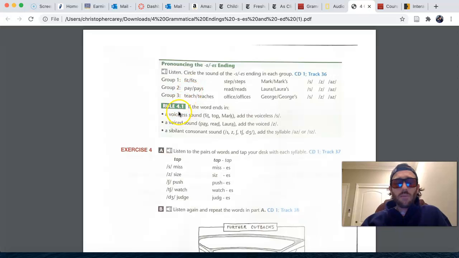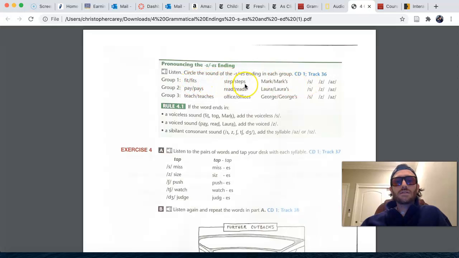Let's say that one more time. And anytime we come across these rules, you should know now that maybe hopefully you have a notebook of some sort and you're jotting these down. The first rule is that a voiceless consonant sound at the very end of the word, if that consonant sound is voiceless, then the S or ES is pronounced as an S consonant sound.